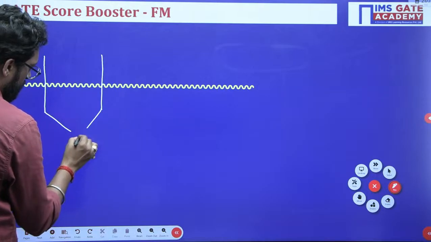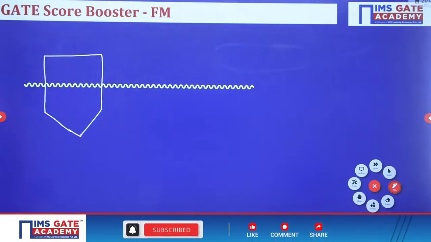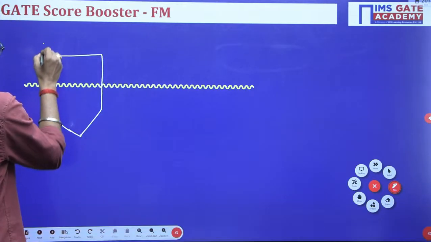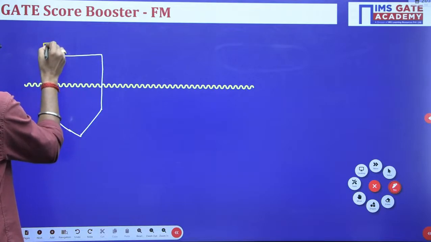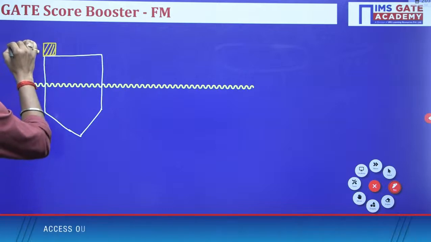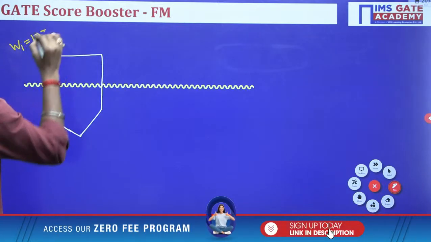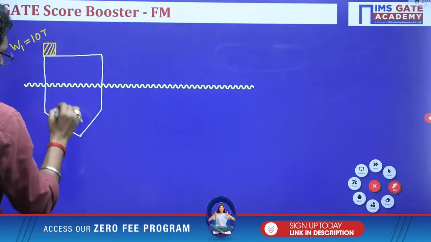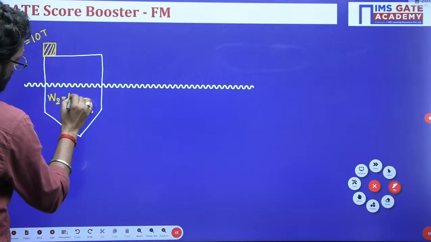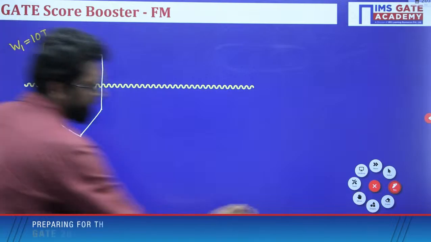Let's suppose initially this is your ship and there is a weight placed here. Let's suppose the condition given: this weight, W1, is 10 ton and total ship weight W2 is given as 1000 ton. This is your central axis.